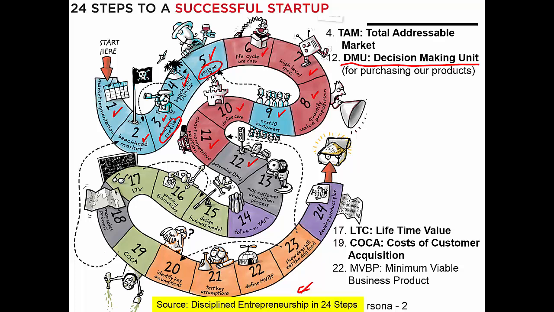And once you understand the decision process of a decision maker for the purchasing, you can map out your customer acquisition process. What goes through their mind, what information they need, what features they're looking for during that acquisition process.